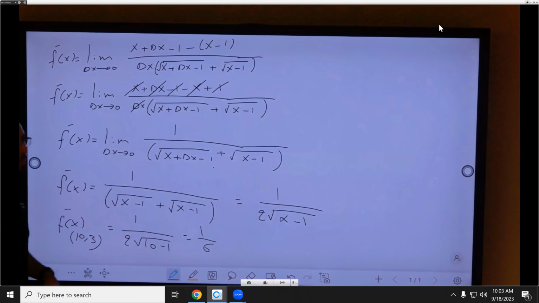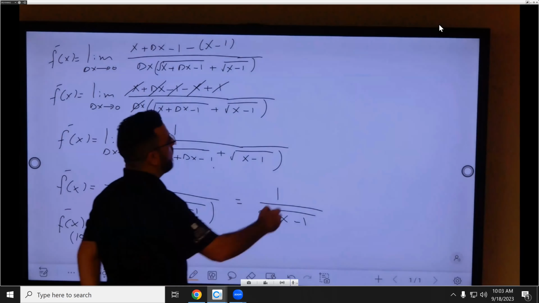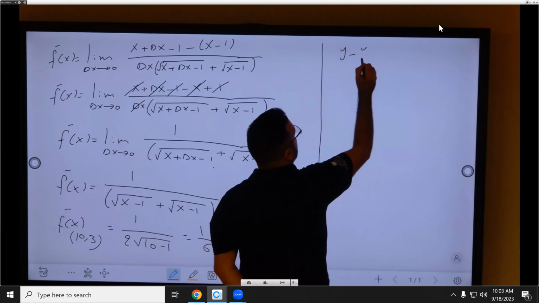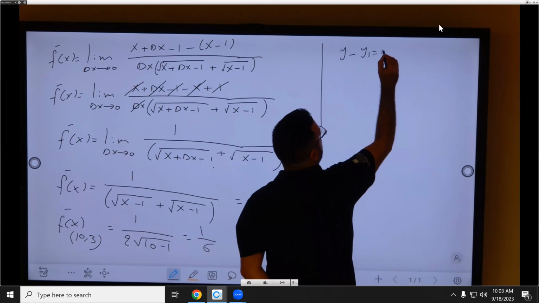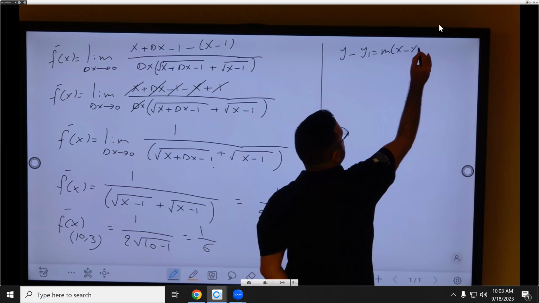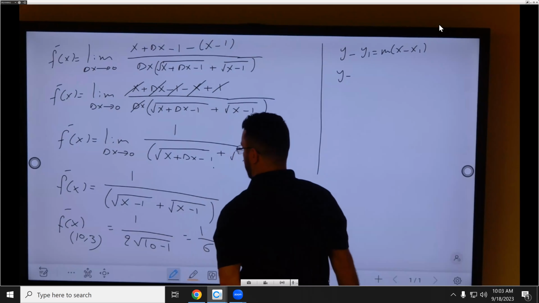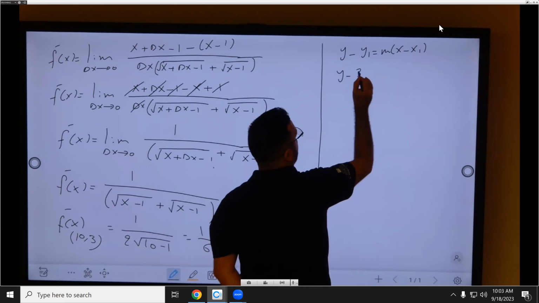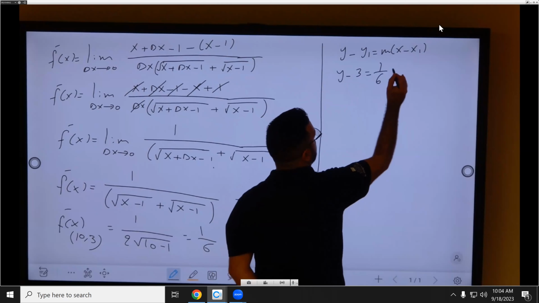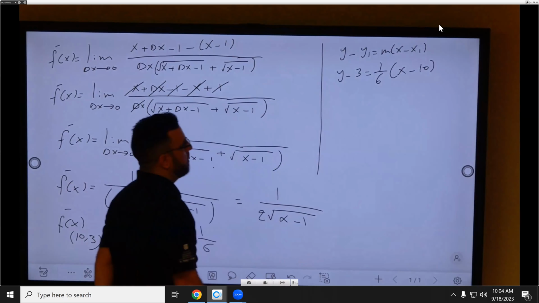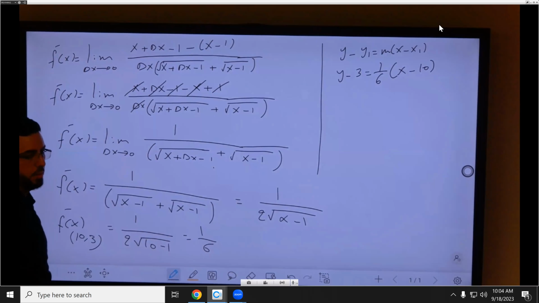Now we have to go back to this formula to find the equation of the tangent line, which is y minus y1 equals the slope times x minus x1. So y minus y1, which is 3, equals the slope, 1/6, times x minus 10. Now we just have to simplify.